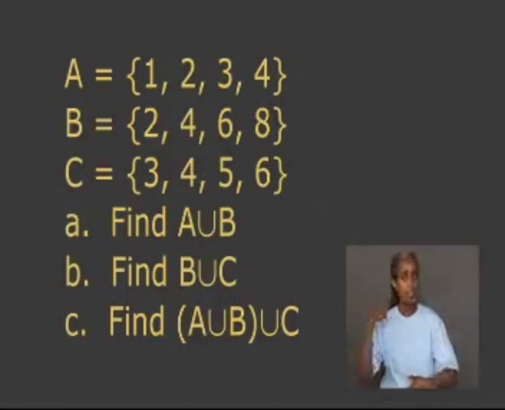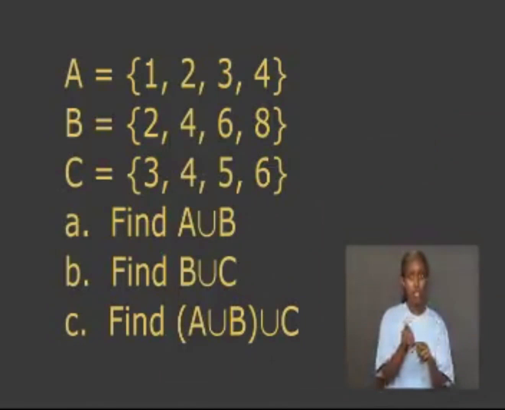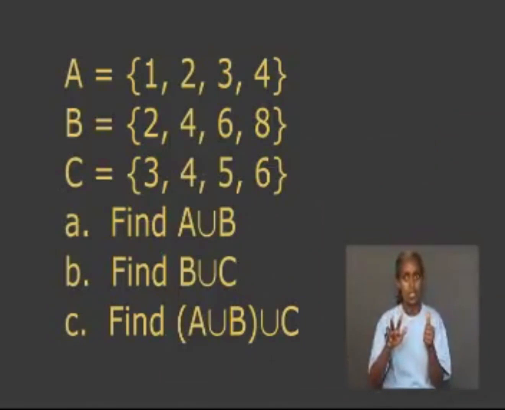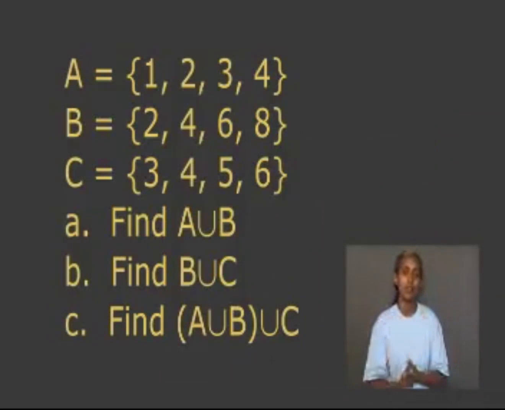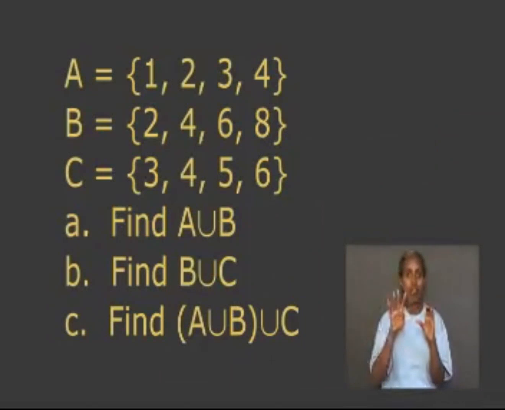Let A be the set containing 1, 2, 3, 4. B is the set containing 2, 4, 6, 8. C is the set containing 3, 4, 5, 6.